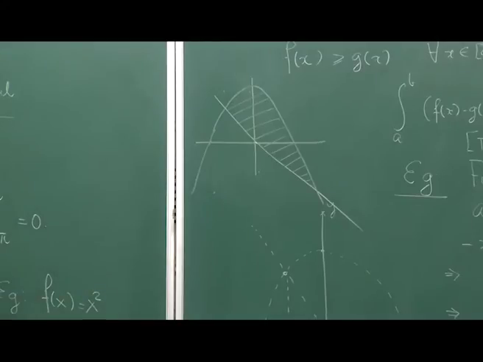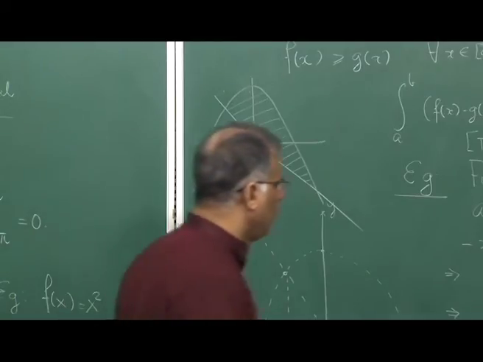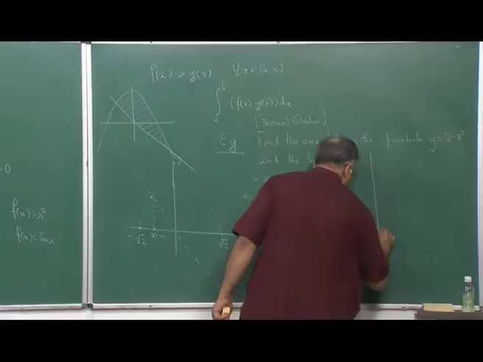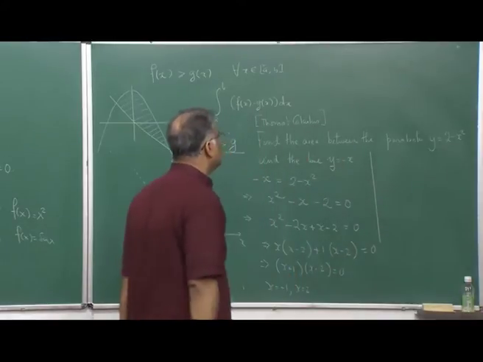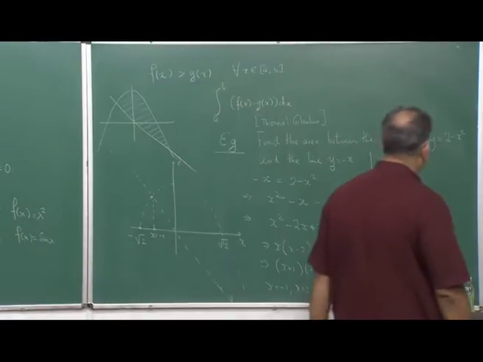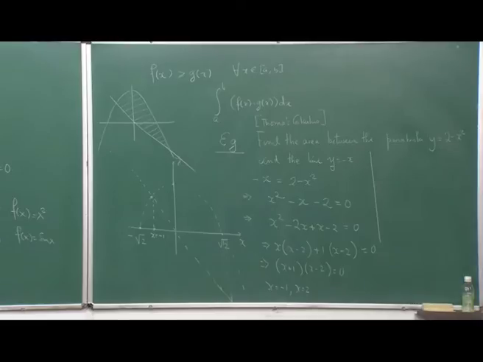So, what we will now do? Our tool is very simple. f is 2 minus x square and y is minus x. So, it is 2 minus x square minus minus x, which is plus x.